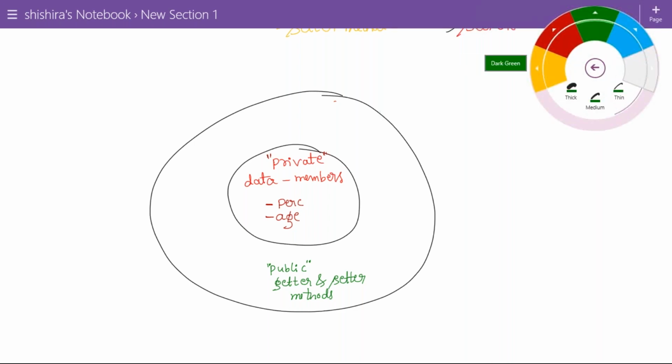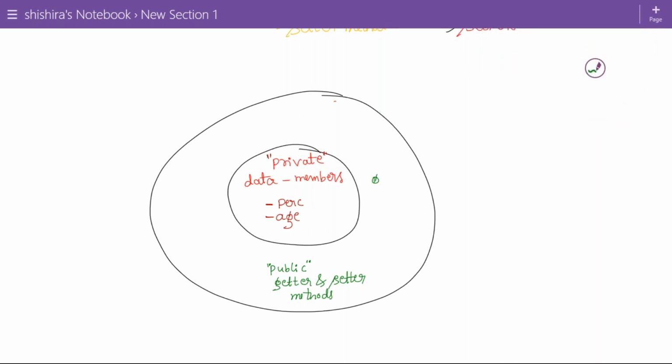How do I write them? Get percentage, set percentage. Similarly, get the age, and set the age. So this is called encapsulation.